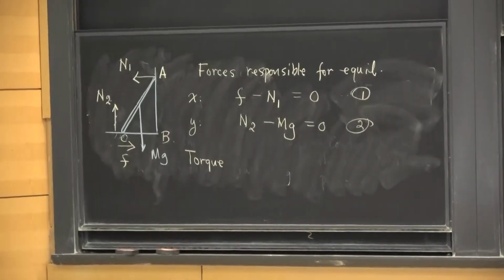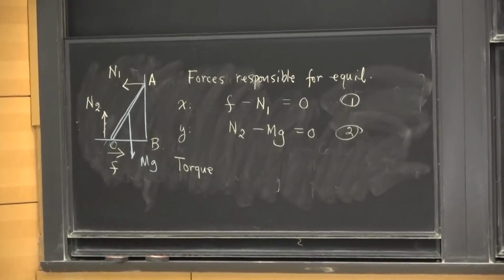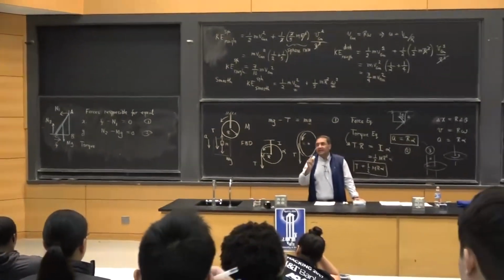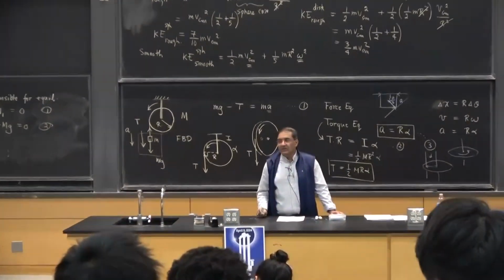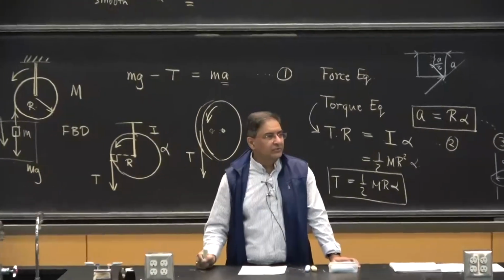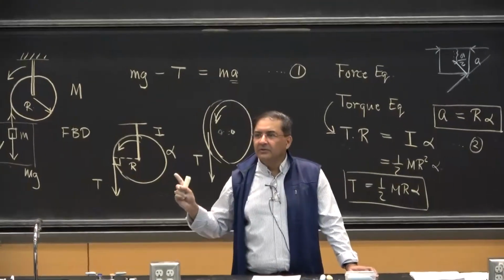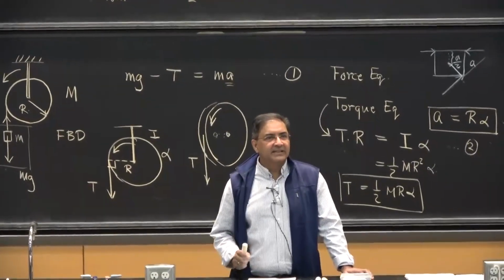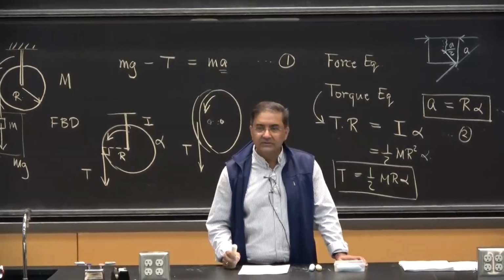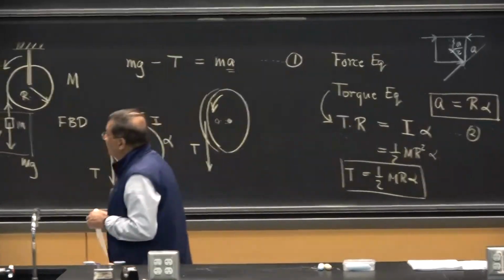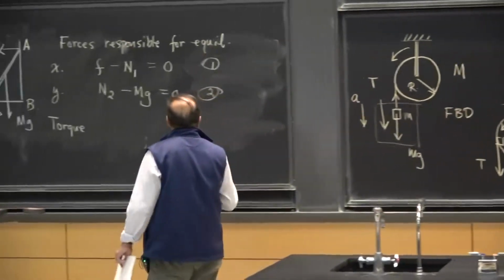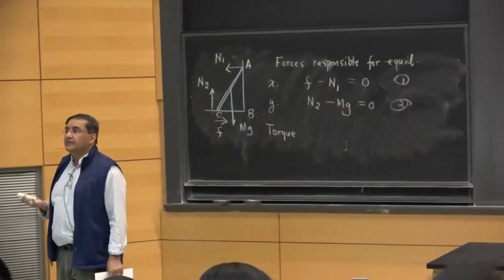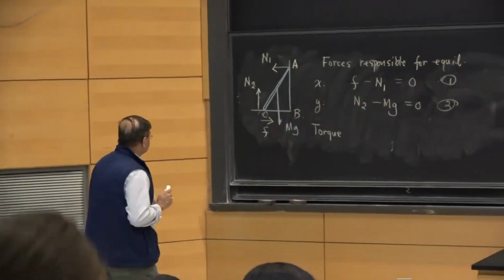In a system in equilibrium like so, you can take torque about any point of your choosing. So suppose I don't tell you about which point you should take torque in your problem. You can figure out whatever point you want based upon whichever is the easiest thing to do. How cool is that? So in this case, I know that torque is force times the perpendicular distance the force makes with respect to that point.